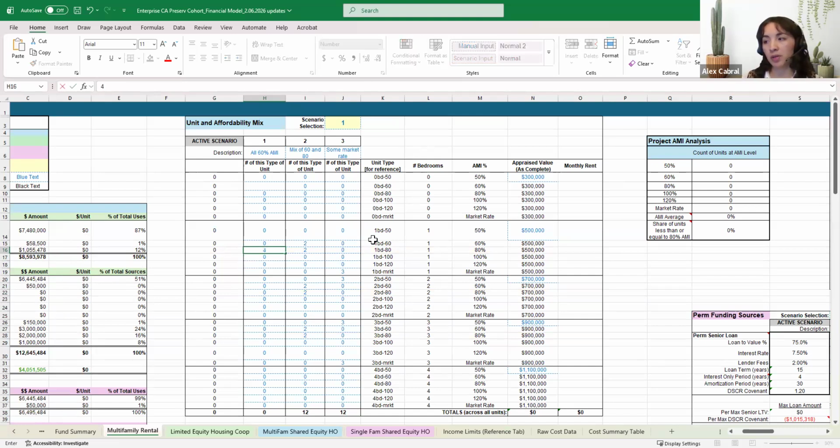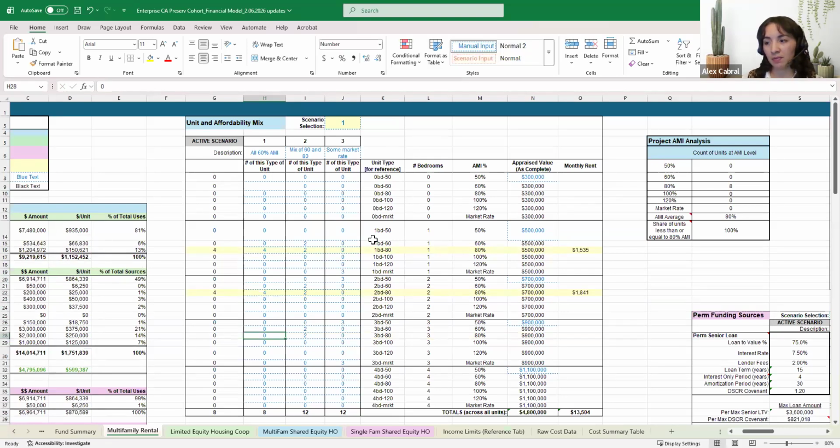So I'm going to put in numbers for one bedrooms at 80% AMI, for two bedrooms at 80% AMI, and for three bedrooms at 80% AMI. As you can see, as I'm putting in the numbers, not only is the yellow being highlighted, but the active scenario column is automatically updating with the number that I've put into scenario one.